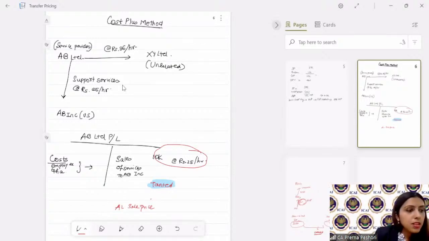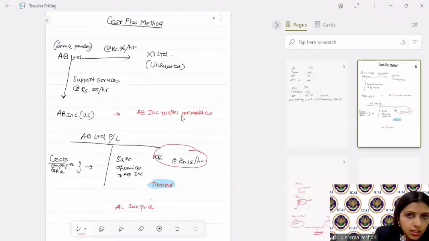Say for example, this AB INC makes immediate payment, while XY Limited takes a credit period of 45 days.